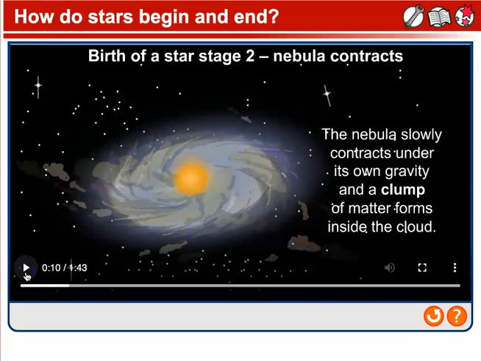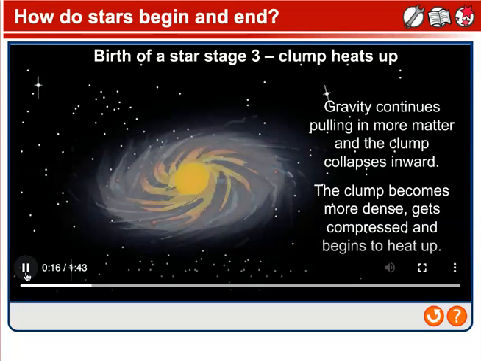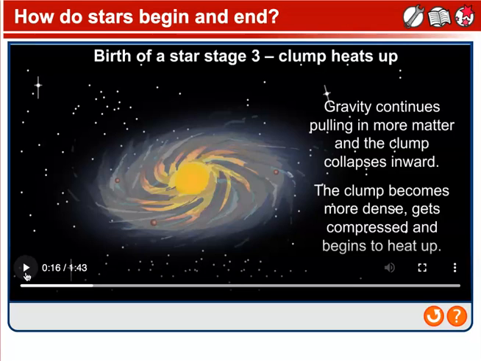The nebula slowly contracts under its own gravity, and a clump of matter forms inside the cloud. Gravity continues pulling in more matter, and the clump collapses inward.